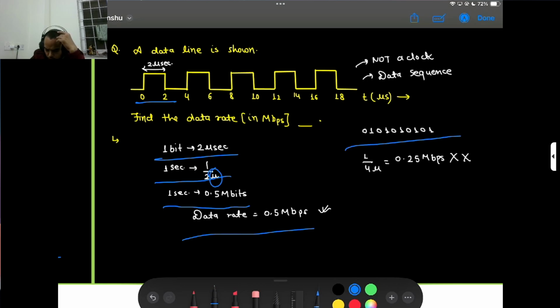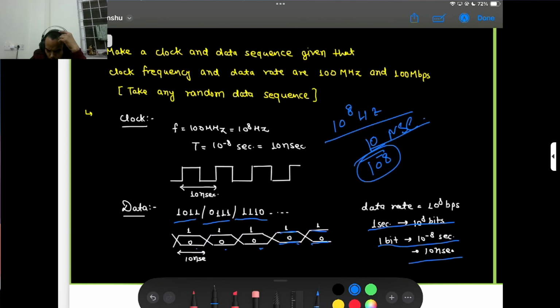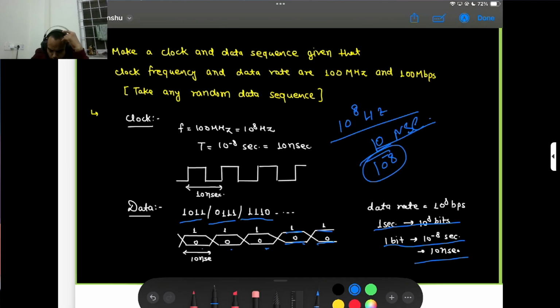And here with 0101, it is 1 by 4 micro, that is 0.25 mbps. That is wrong, I think. Here it is 10 nanoseconds, so clock T is 10 nanoseconds.